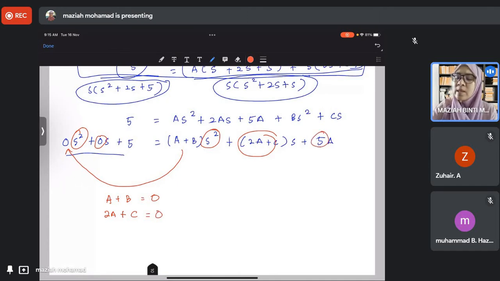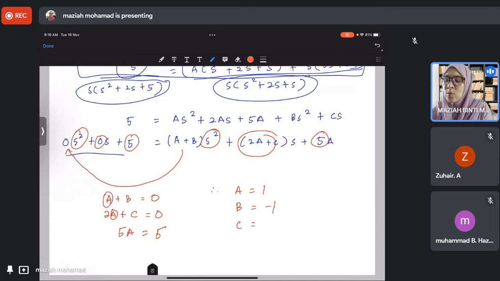And then 5A equal to 5, because 5A is the term without any S. Therefore we get A equal to 1. Then we replace A here, B equal to minus 1. Then we replace A here, and we get C equal to minus 2.